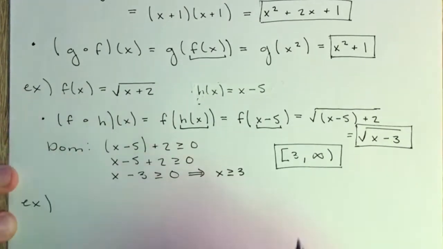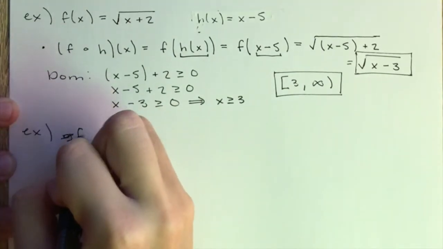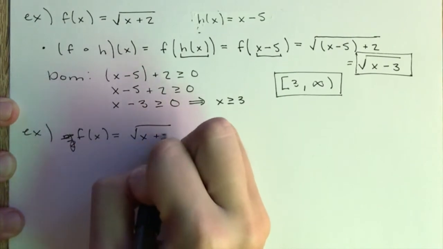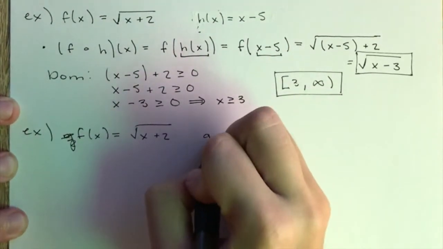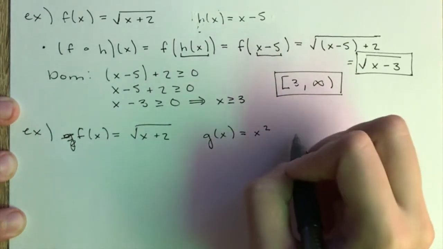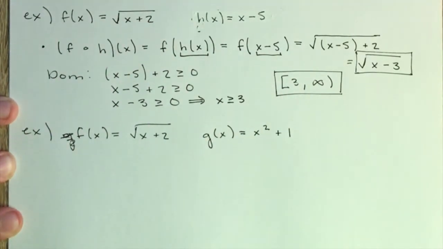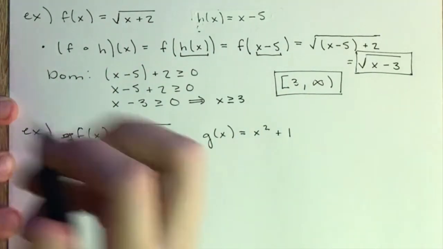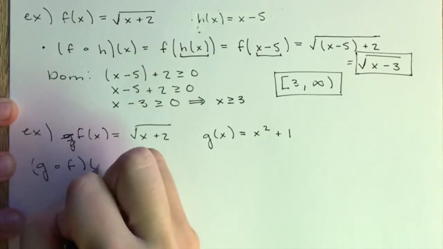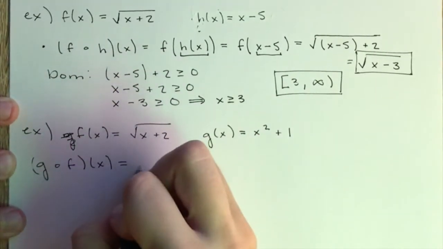An example of why it's important for us to do this before we simplify: the same function f, but let's make our second function, g, a little bit more interesting. So let's say g is x² + 1. And let's say that I've asked for g of f. Well, what is g of f of x?